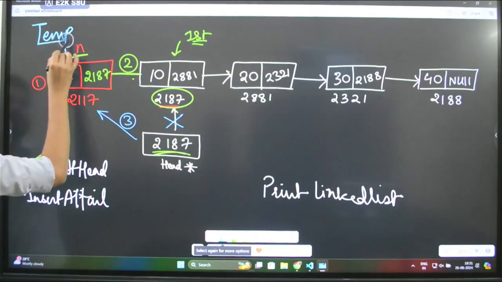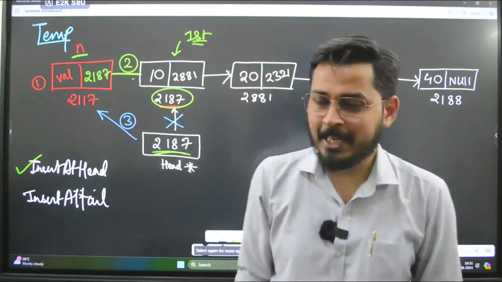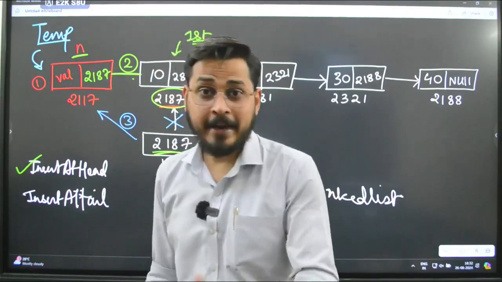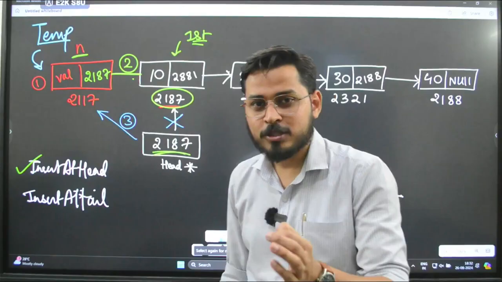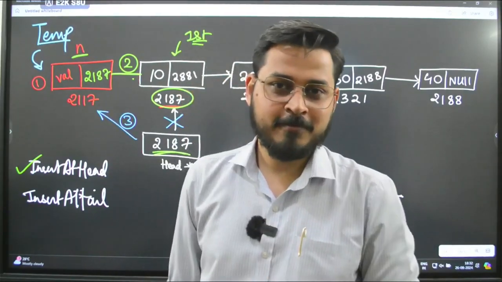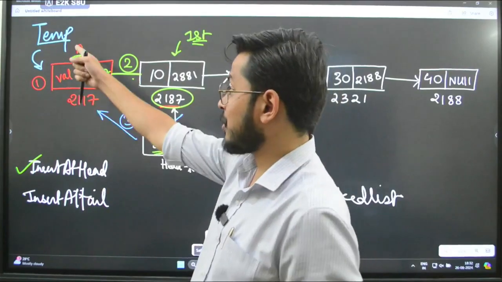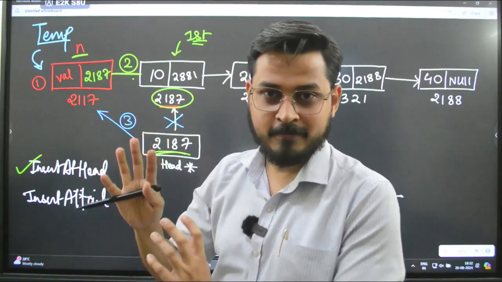Yes, I can say temp. You start from the head, correct? Temp, you start from the head. Do one thing. You are standing right there on that first node, print it.